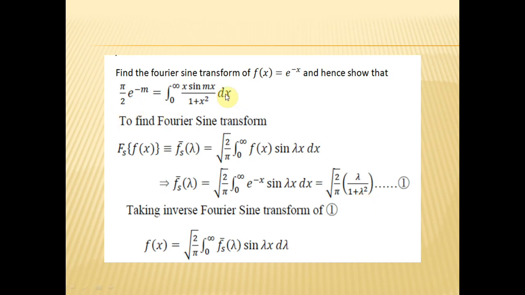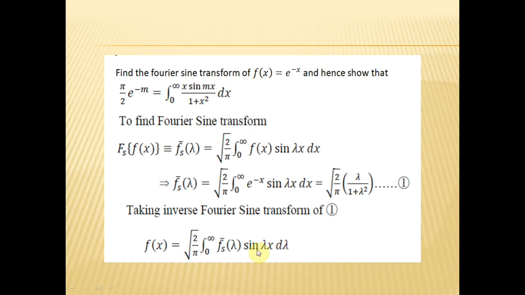Since we need to prove this integral value, we will take the inverse of Fourier sine transform. So the inverse Fourier sine transform is given by the formula f of x is equal to root of 2 by pi integral 0 to infinity fs bar of lambda sine lambda x d lambda.